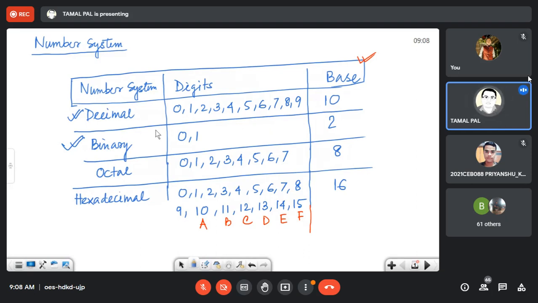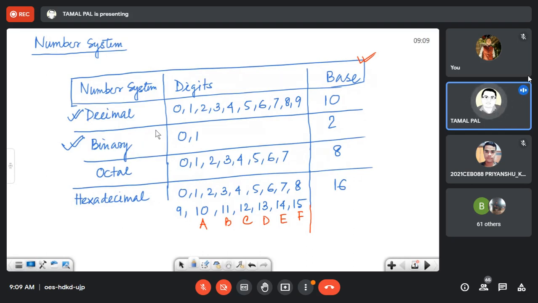A computer responds only to the presence of high voltage and low voltage. So the operations within its internal system support binary information, and whatever we instruct the computer has to be binary. Everything is binary inside a computer system.